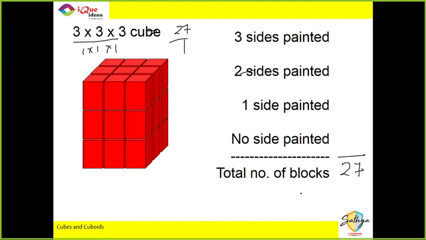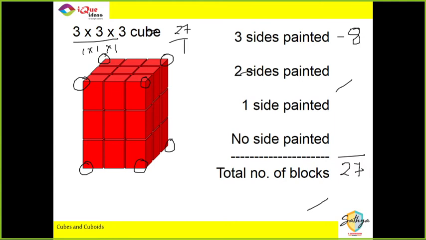Second step, 3 sides painted is very simple. That includes all the ones with one original vertex, and there are always 8 original vertices. So if all the blocks are cut up like this, they all belong to different pieces. So by default, there will be 8 blocks with 3 sides painted.